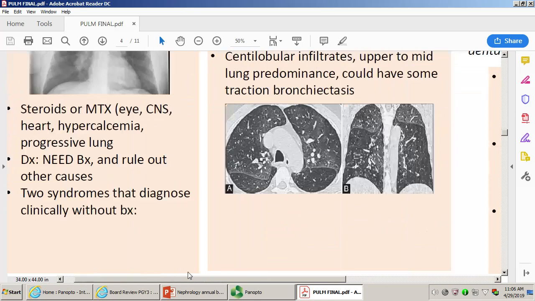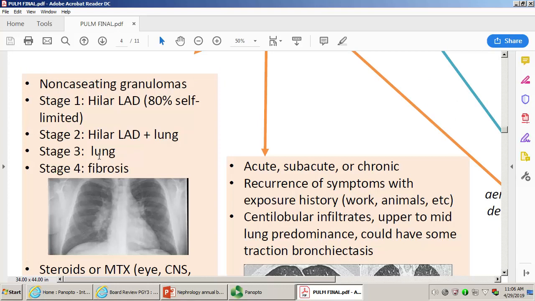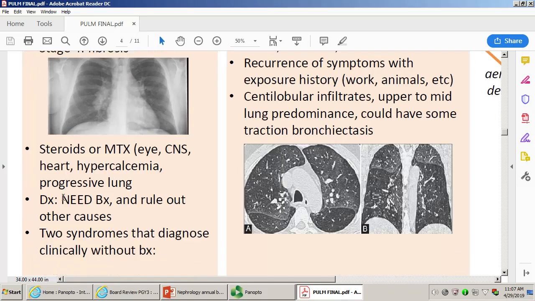So then scooting back to our other granulomatous diseases, right? We talked about sarcoid with berylliosis as the mimic. There are 4 different stages of sarcoid, whether it involves just hilar lymphadenopathy, plus or minus lung changes, and then stage 4 is end-stage fibrosis.